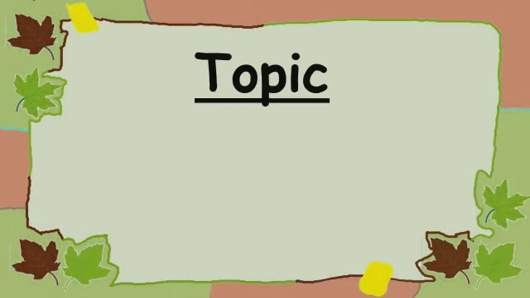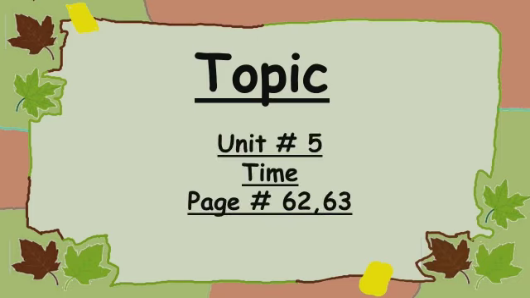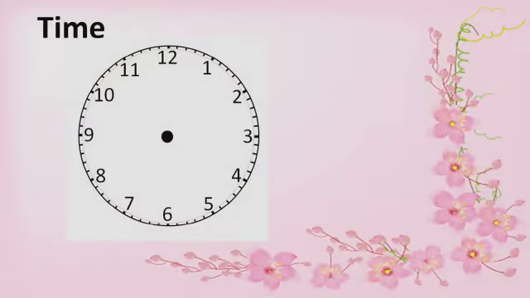Today our discussion topic is Unit 5, Time, page number 62 and 63. Time is the ongoing sequence of events taking place. This is an analog clock.